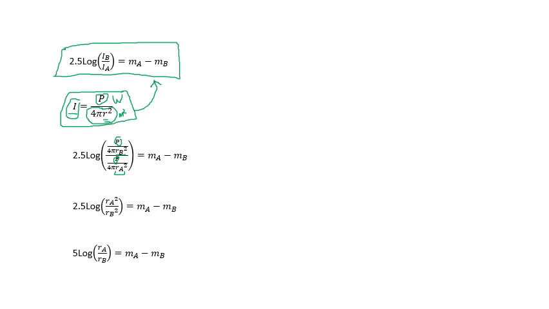Now, of course, the nice thing about this is that these powers are going to cancel. So P cancels, and the 4 pi is also going to cancel out here and here as well. And that's just going to leave us with 1 over RB squared divided by 1 over RA squared.